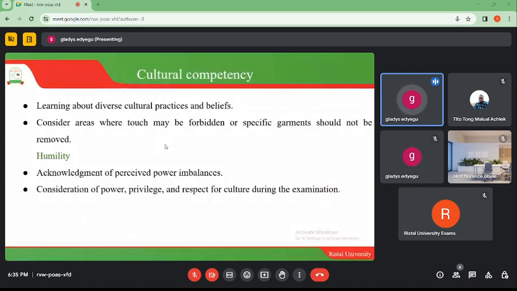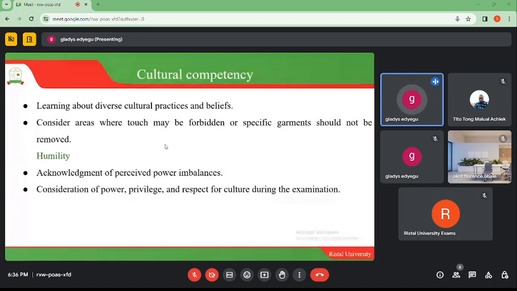Then consider areas where touch may be forbidden or specific garments should not be removed. So you should also look at this as something very important. Then humility, acknowledgement of perceived power imbalances. People think humility is maybe being too humble and being so obedient.